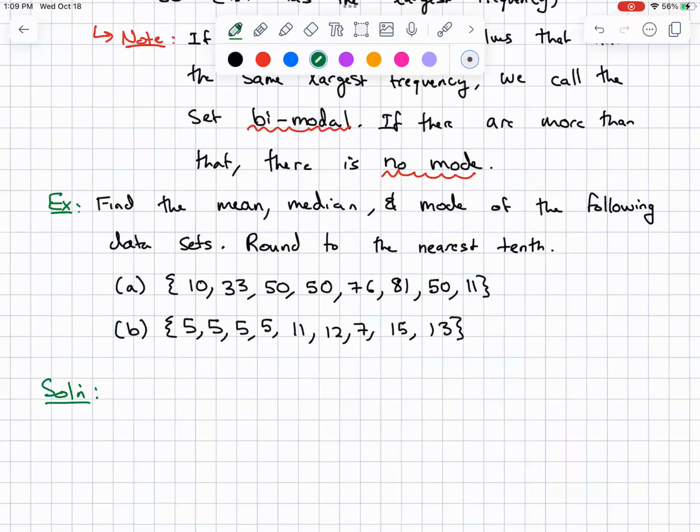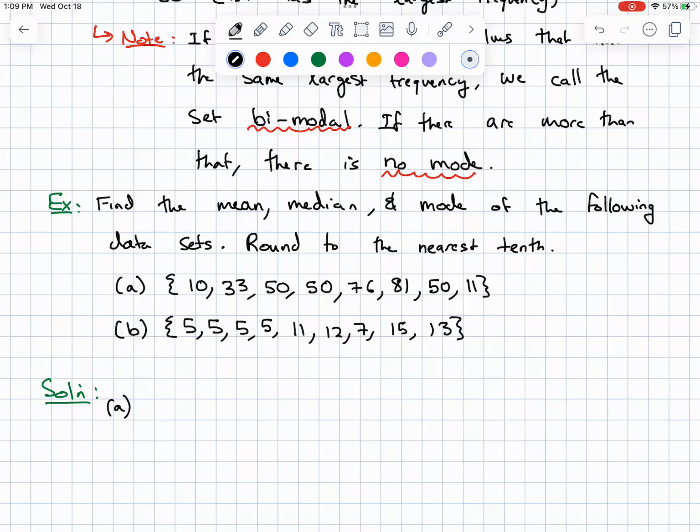So for part A, I know I didn't arrange this from smallest to largest, and I really want to. The problem is some of the problems in the homework do require this of you, so I want to just have us go through the motions.